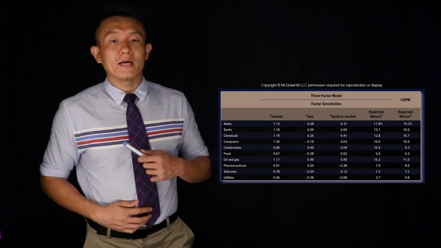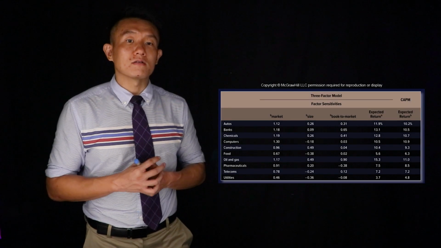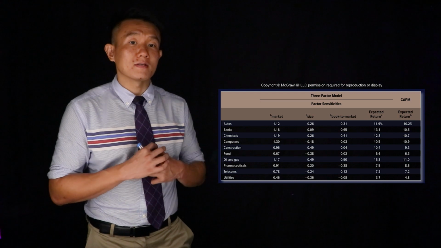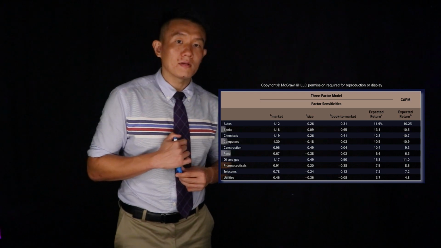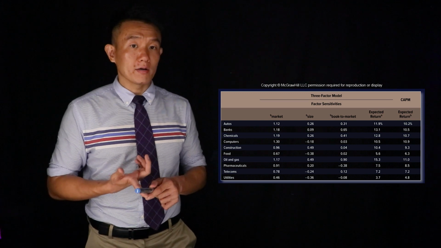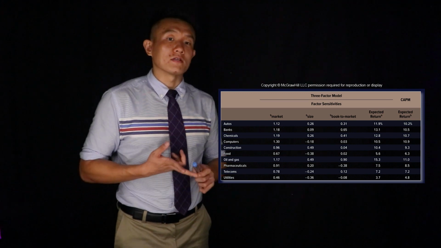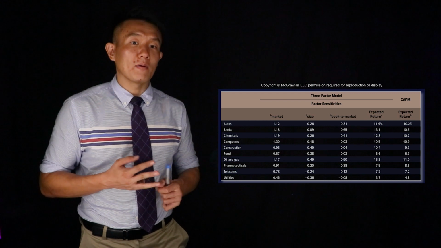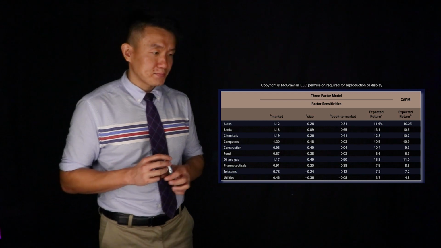So here we have a table showing the results of running this 3-factor model on a bunch of different sectors. So for each sector, we have the market beta, which we already know what that is. We have the small minus big beta, and we have the high minus low beta.